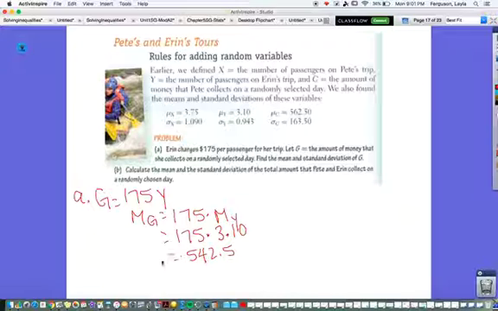What that means is that she can expect to make $542.50 from her trip on a randomly chosen day.